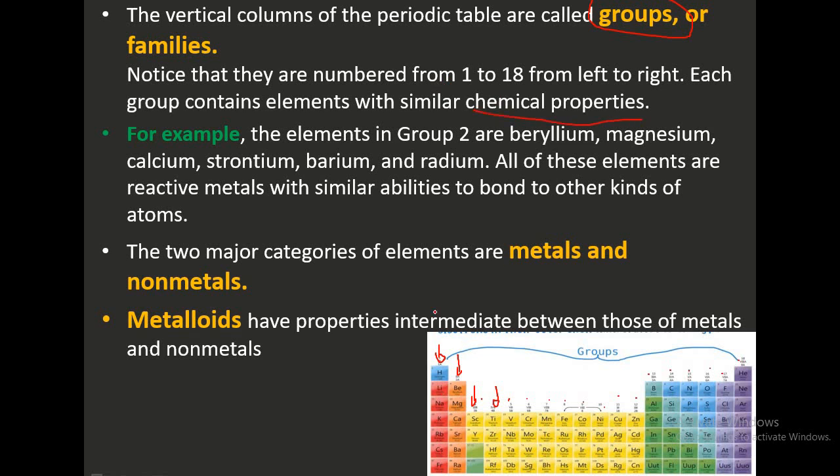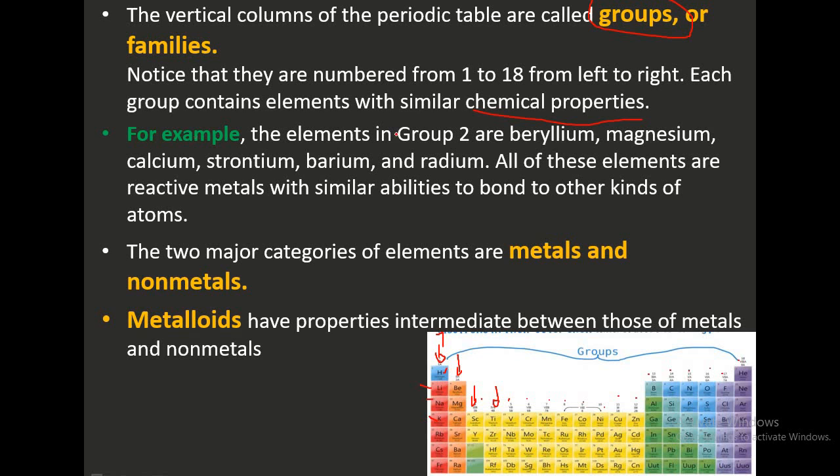For example, group 1 contains elements with similar chemical properties: hydrogen is similar to lithium, sodium, and potassium.